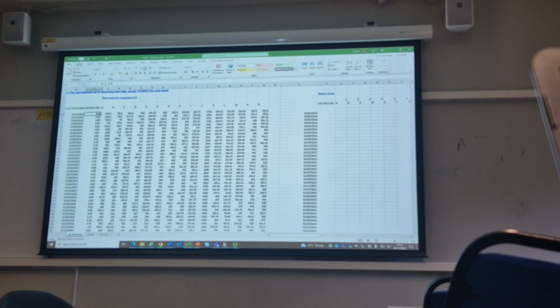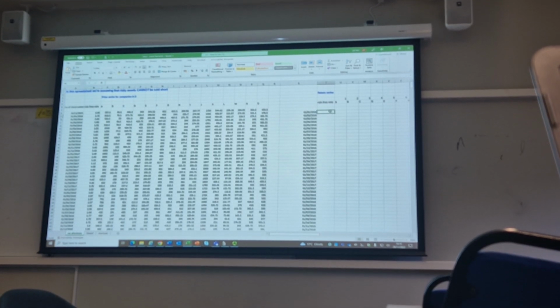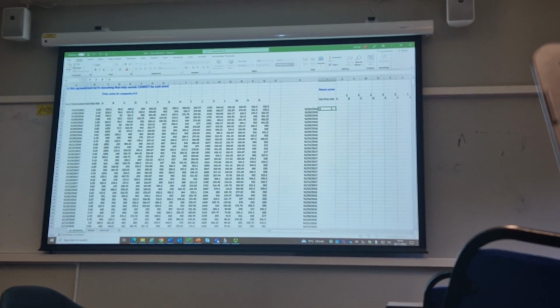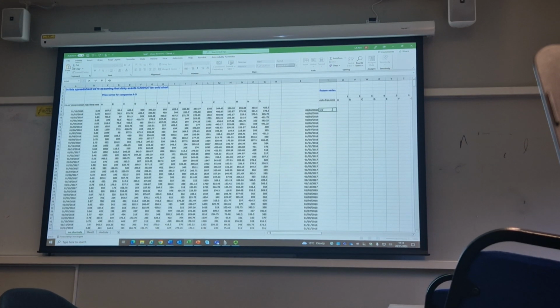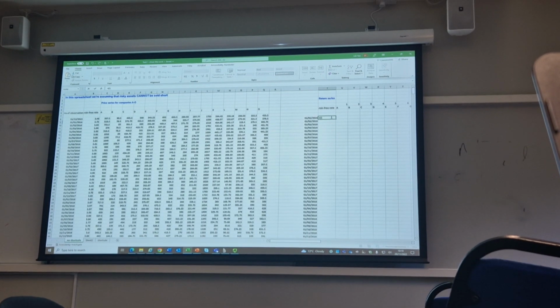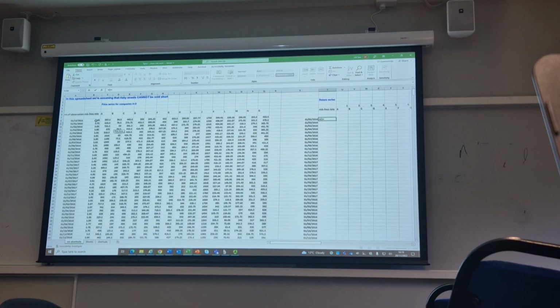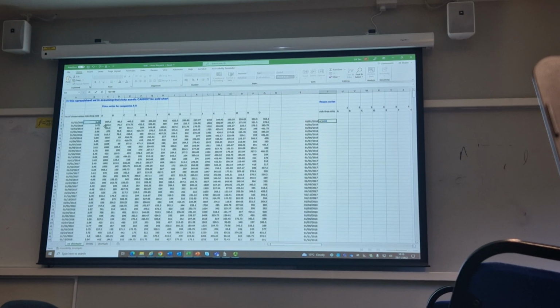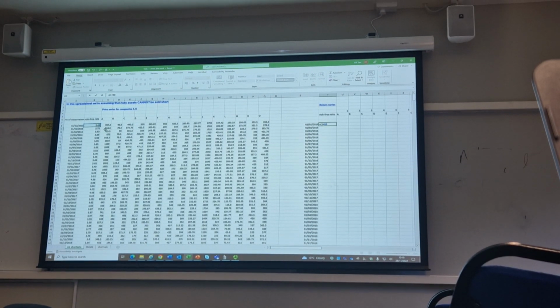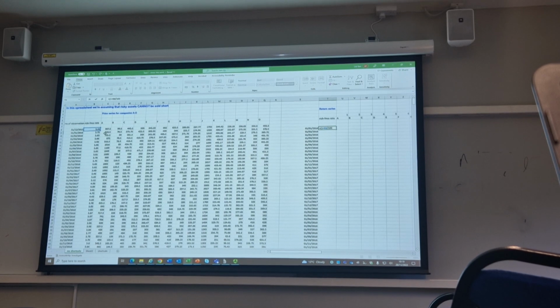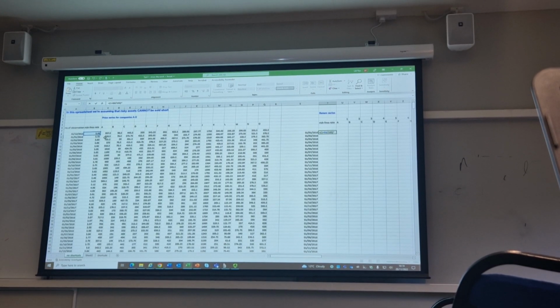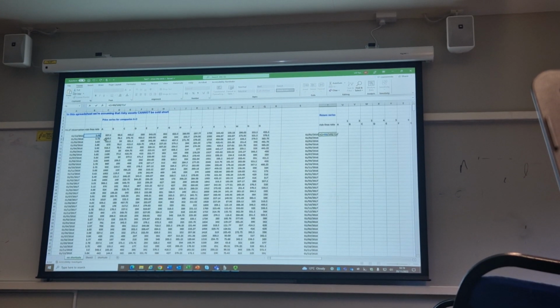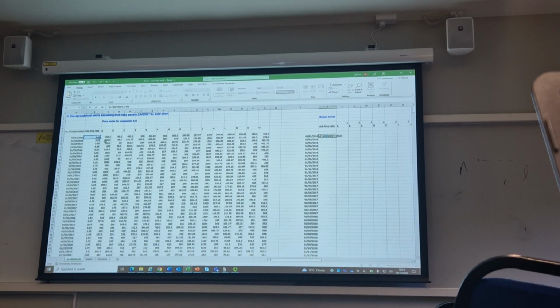So it equals 1 plus the risk-free rate, which is shown as a percentage, so we divide it by 100, then to the power of 1/12, and then minus 1.